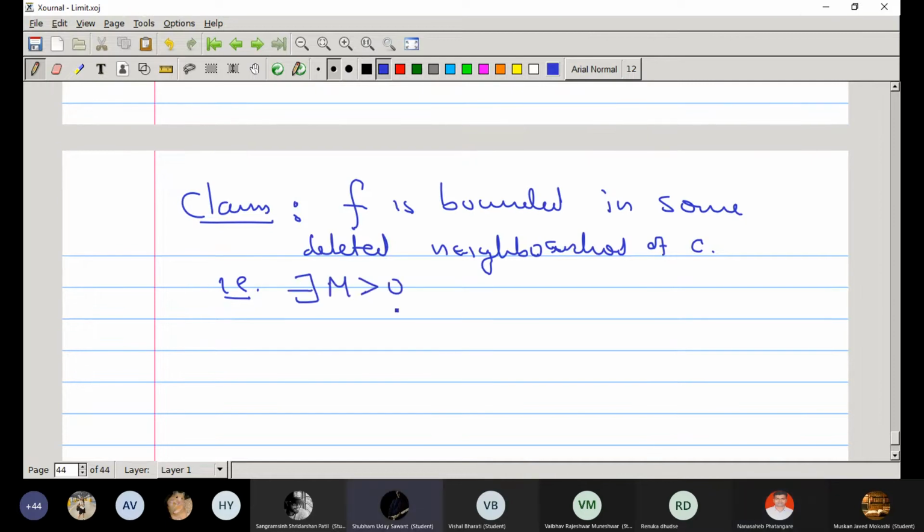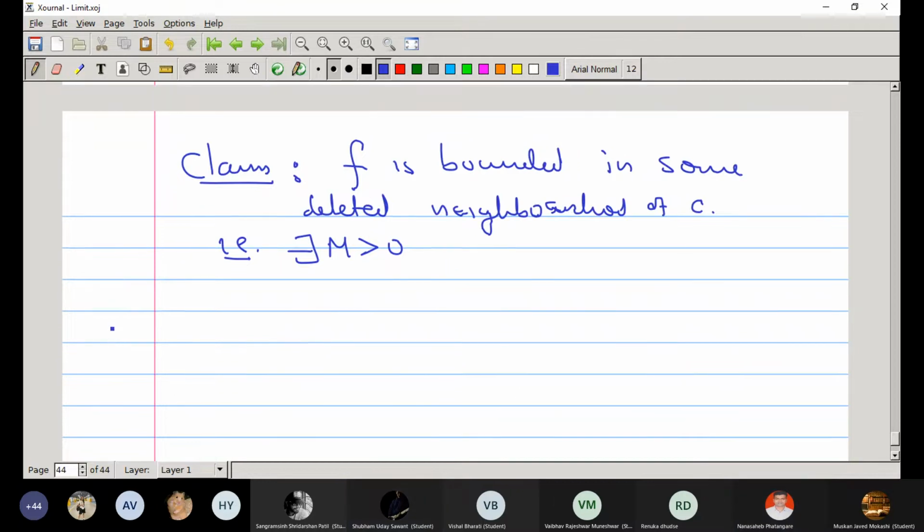There exists some M. And if this is c, in some neighborhood the function is bounded. We are not worried about other parts. So near c, because we are talking about the limit at c, it's definitely the function is bounded. So c minus delta, c plus delta. Right.